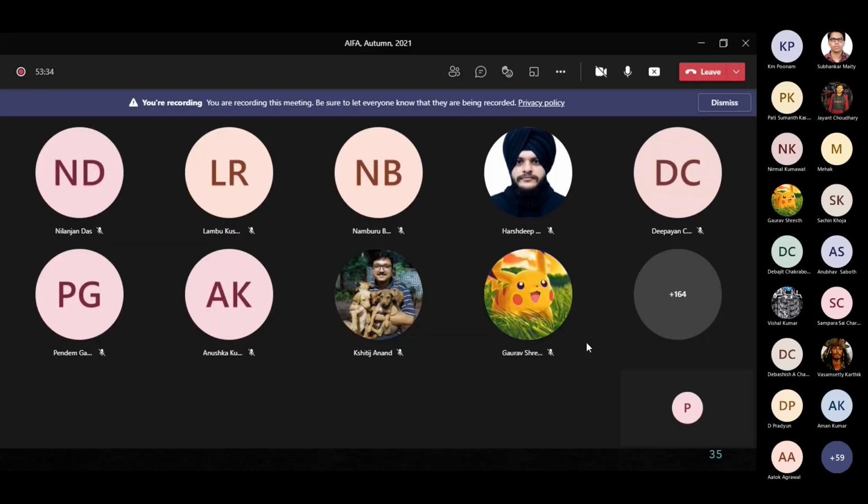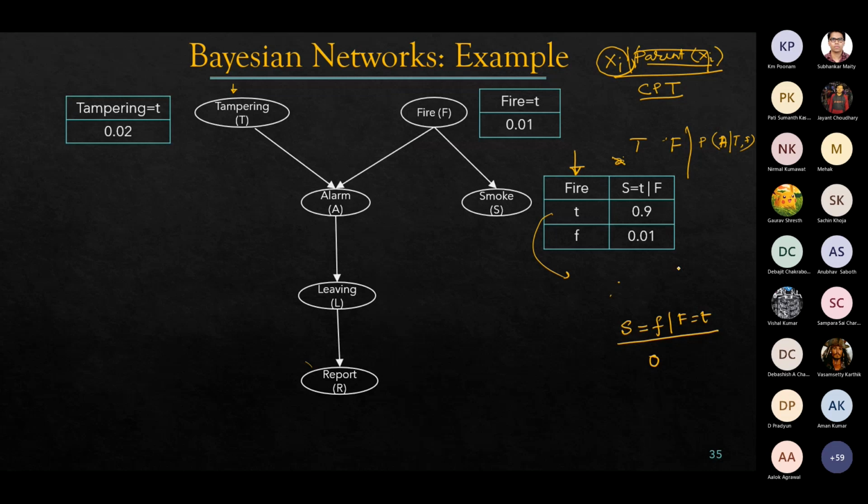Any other idea? 0.1. It will be 0.1, so this is implicit. And the other one would be 0.99. As knowing one value reveals the other, we are not representing it because we want our network to be very compact.